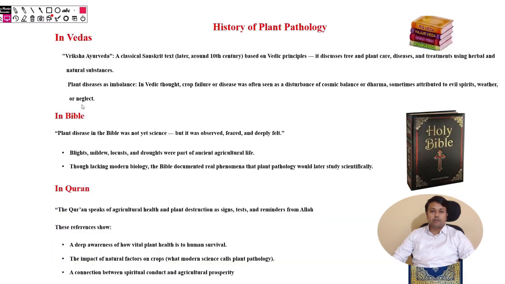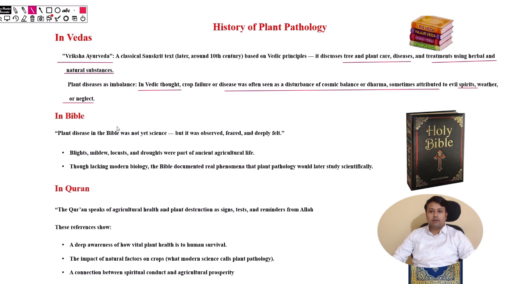Before going to the history of plant pathology, we should understand what our religious books tell about plant pathology. In the Vedas, in Vriksha Ayurveda, plant diseases and their care and treatment using herbal and natural substances are mentioned. And in Vedic thought, crop failure is due to disturbances of cosmic balance, dharma. Sometimes this leads to evil spirits, weather conditions, neglect, or punishment from the god.